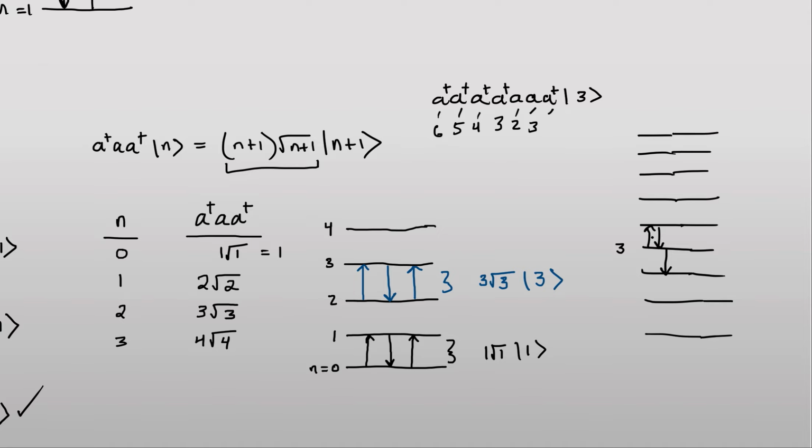We create, annihilate, and then create again. That'll bring us back up to the 3 state, and then up to the 4 state, and then create 2 more times. And this brings us up to 4, 5, 6, and that checks out, right? So this is our n equals 6 state, and this is our n equals 3 state.